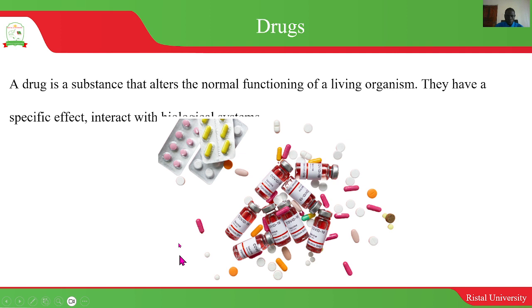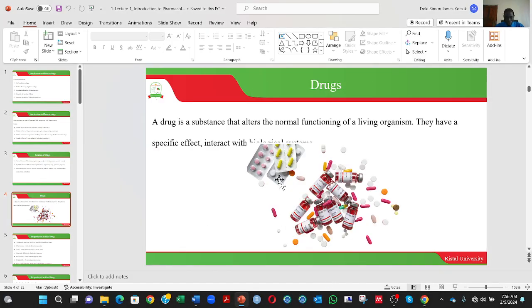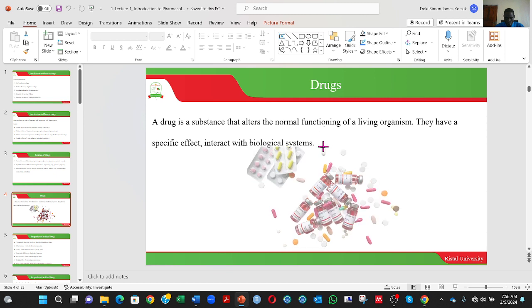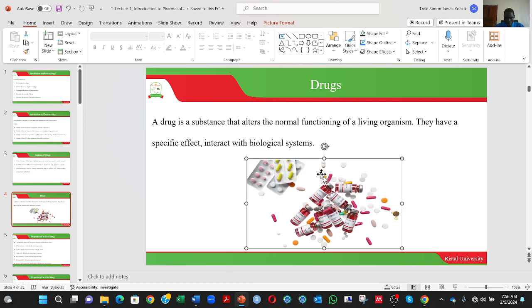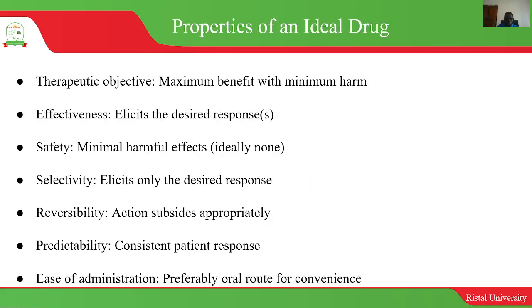So we say a drug is a substance that alters the normal functioning of the living organisms, and they have side effects. They have a specific effect and interact with the biological systems. So basically, that is what a drug is. Properties of an ideal drug: set therapeutic objectives, the maximum benefit with the minimum harm.